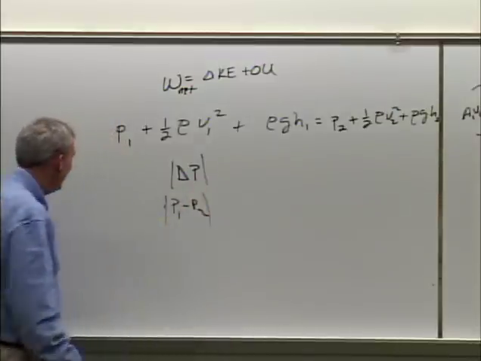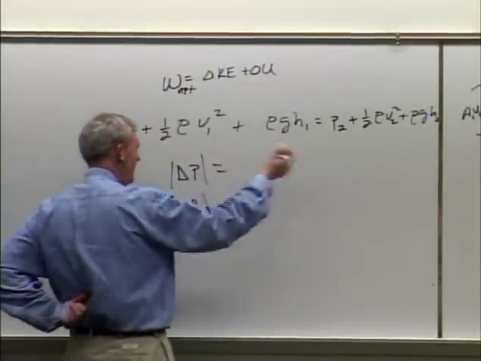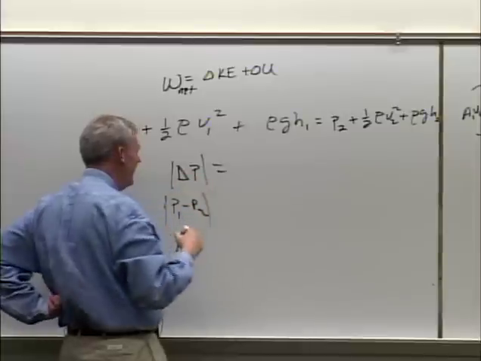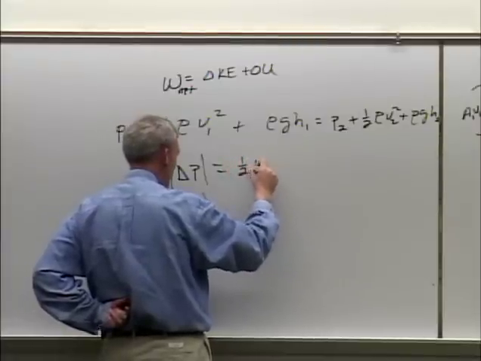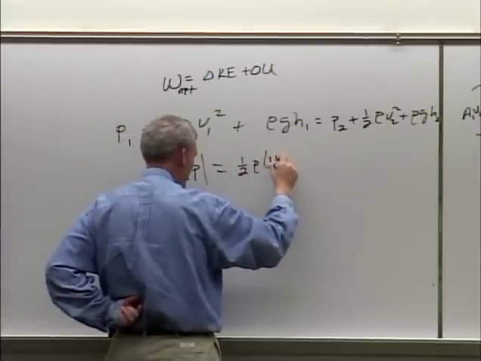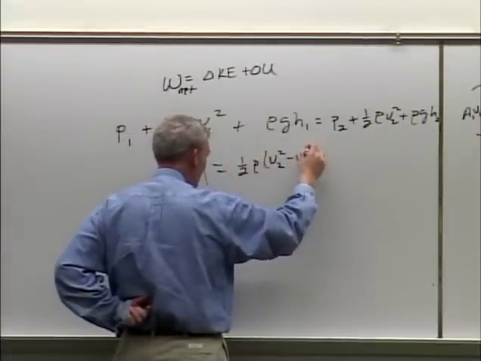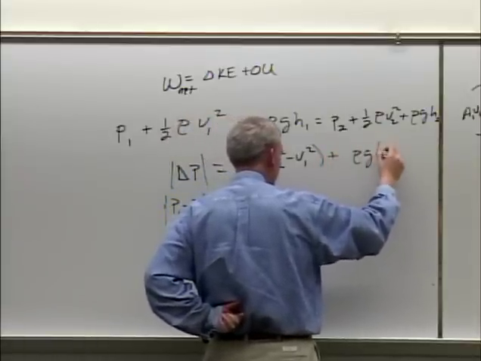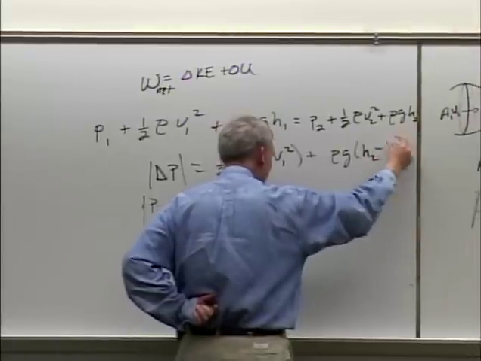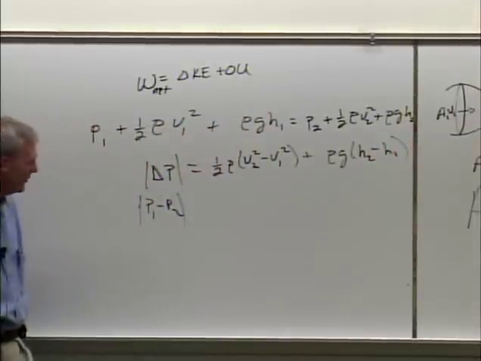If we rearrange these equations, we get delta P equals 1/2 rho of V2 squared minus V1 squared plus rho G of H2 minus H1. Those equations will hold us in good stead.